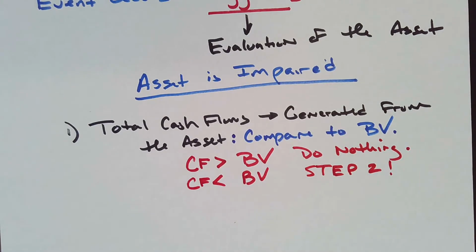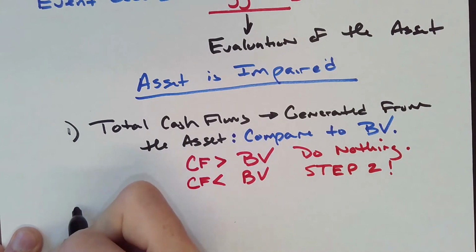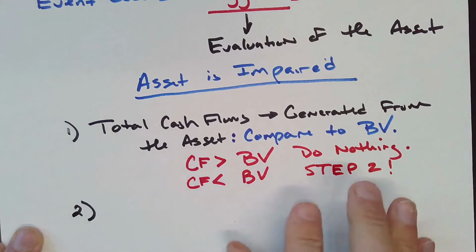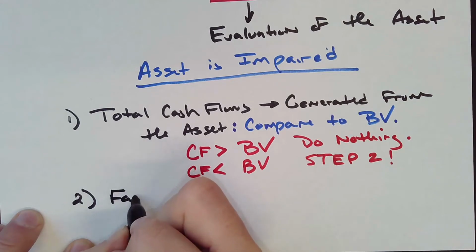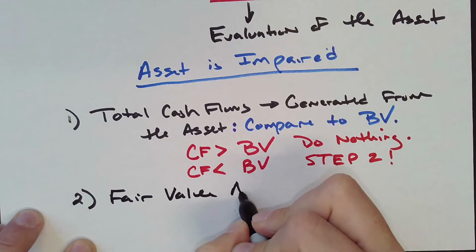You've got to go to step 2. And in step 2, we're going to take these same cash flows and discount those cash flows. We're basically going to come up with a fair value of the asset.